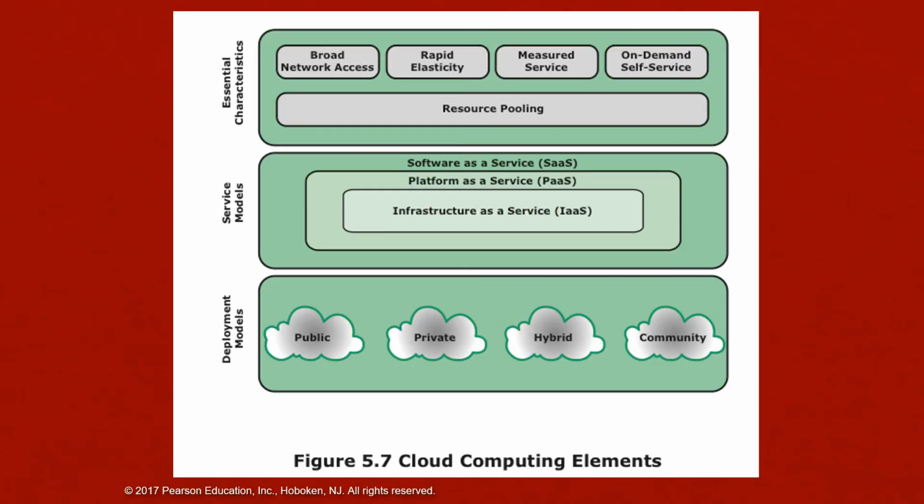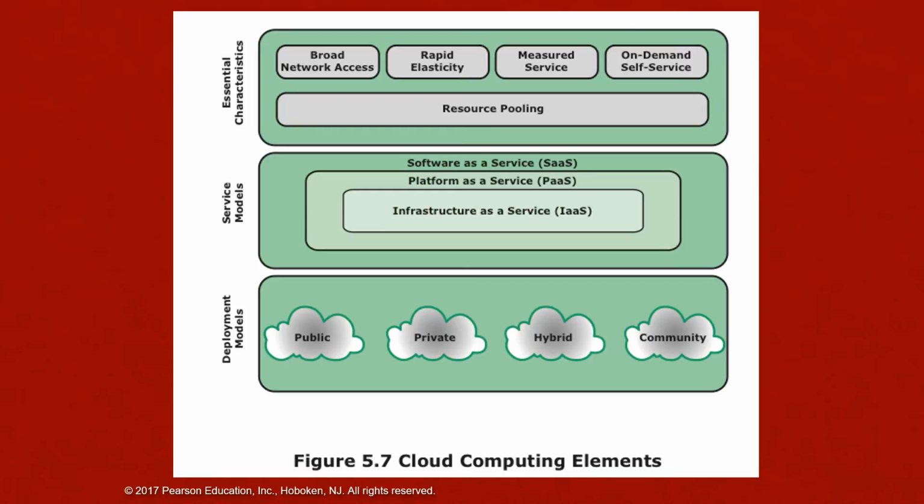The essential characteristics of cloud computing include the following. Broad network access. Capabilities are available over the network and accessed through standard mechanisms that promote use by heterogeneous thin or thick client platforms, for example, mobile phones, laptops, and PDAs, as well as other traditional or cloud-based software services.